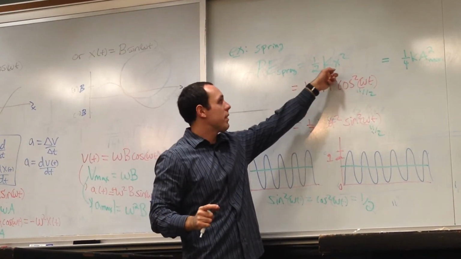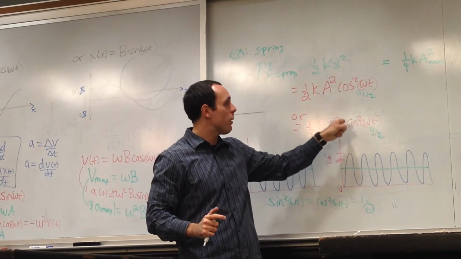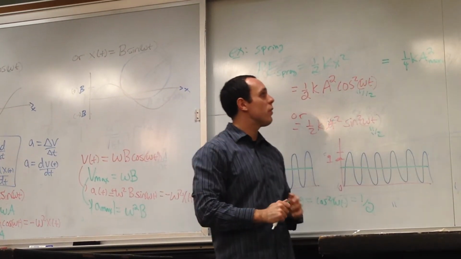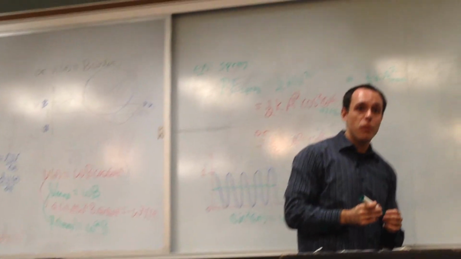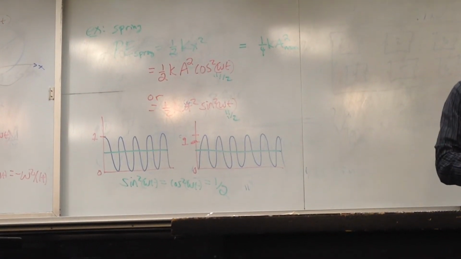And thus 1/2 kx squared, 1/2 k A squared, either cosine or sine squared, just reduces to 1/4 k A squared. And that's the basic idea for this simple harmonic motion.